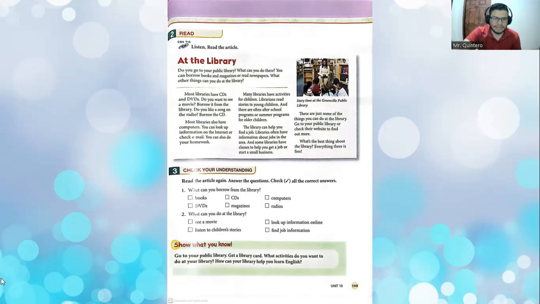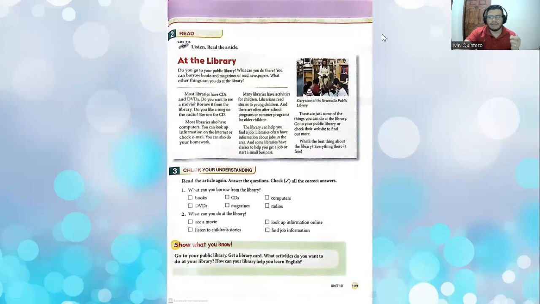Okay. After reading and following the reading for this case, story time at the Greenville Public Library. So what's the number 1? What can you borrow from the library? What can you tell me according to the article? Number 1 is CDs, for example, DVDs. What else? We have computers according to the reading. Yes? What can you do at the library?